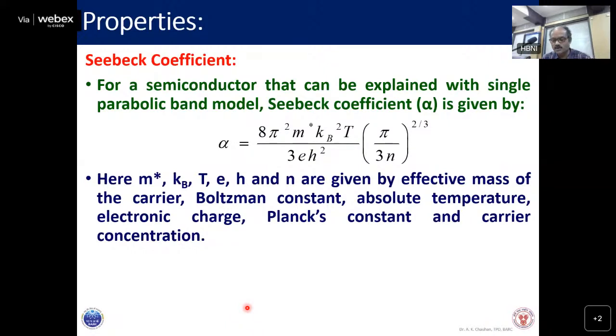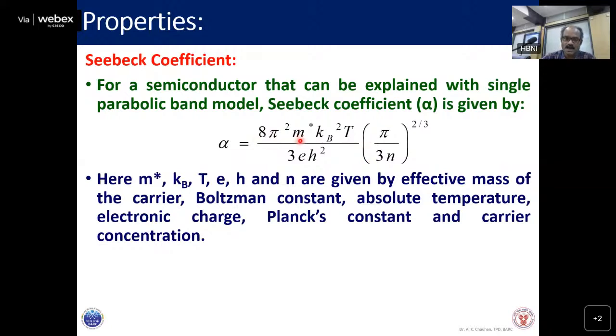Now, all this thermoelectric power generation depends on the Seebeck coefficient. For a semiconductor material, the Seebeck coefficient can be defined as 8π²m*k²T over 3eh², times (π/3n)^(2/3).